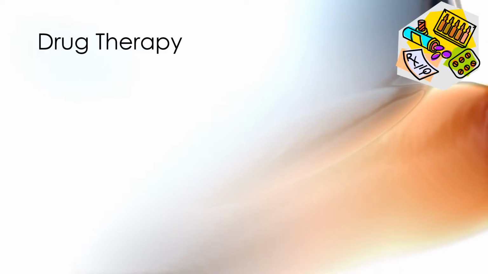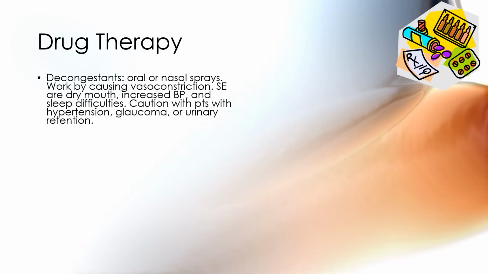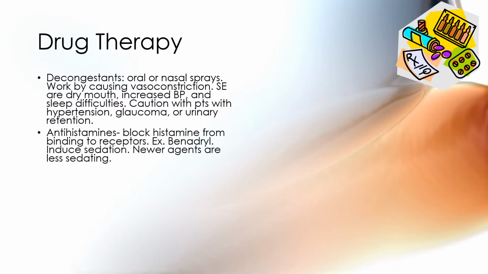Now we're going to discuss some drug therapy. We have decongestants that work by causing vasoconstriction in the inflamed tissue, thereby reducing the edema. We have the antihistamines that block the histamine from binding to receptors, and it prevents vasodilation and capillary leak.